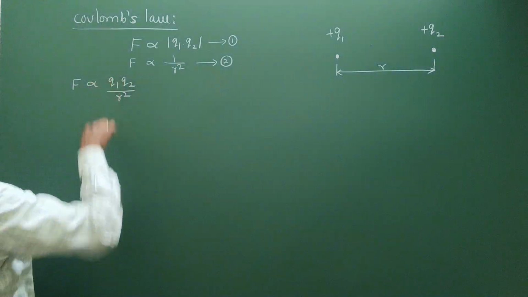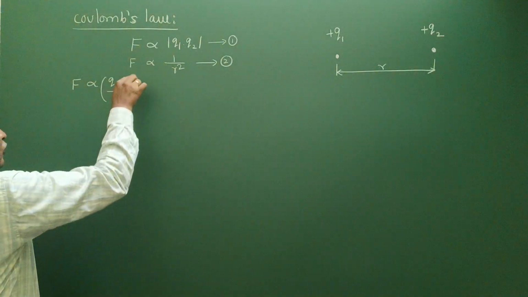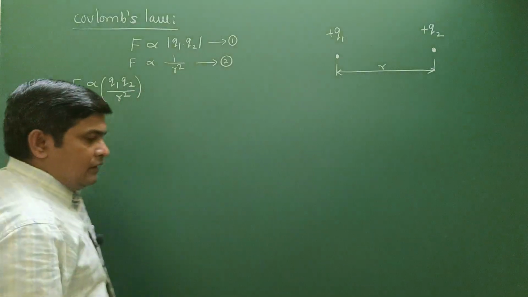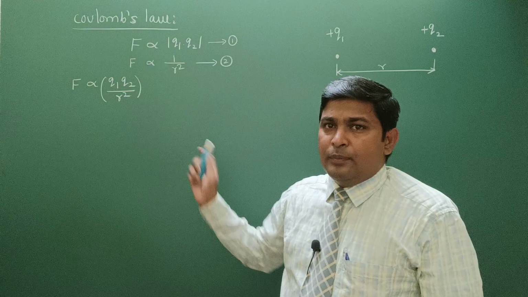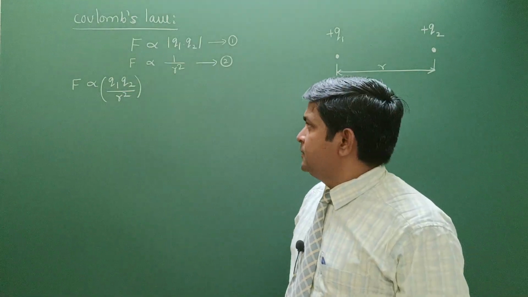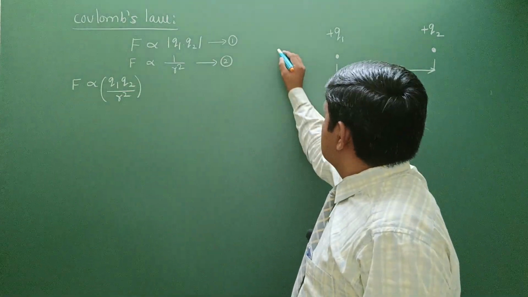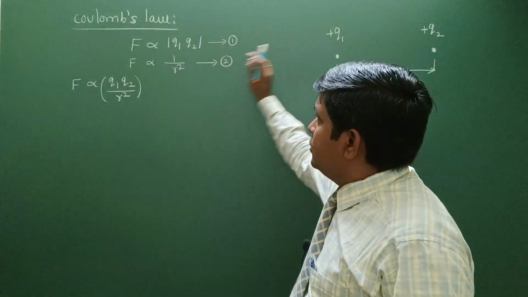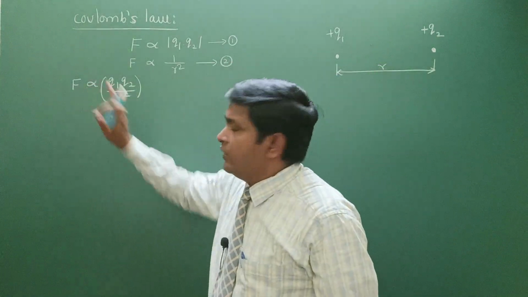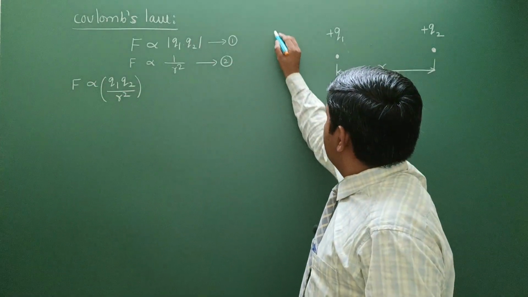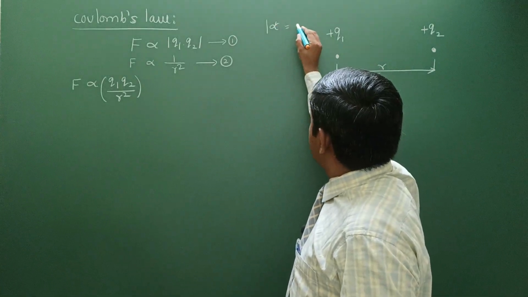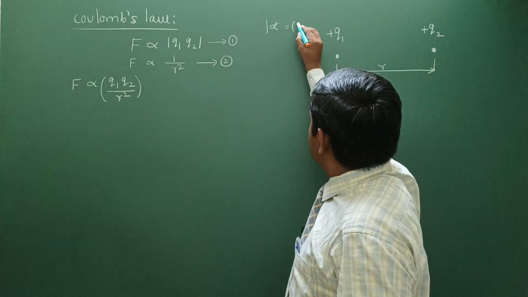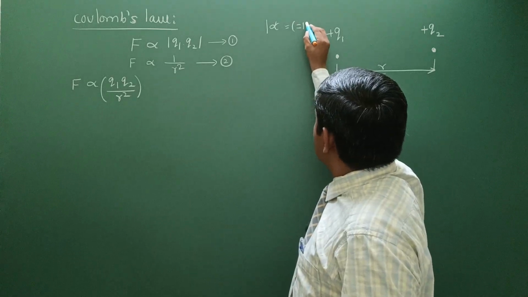We know that to remove a proportionality, you replace it with an equal sign and a constant.